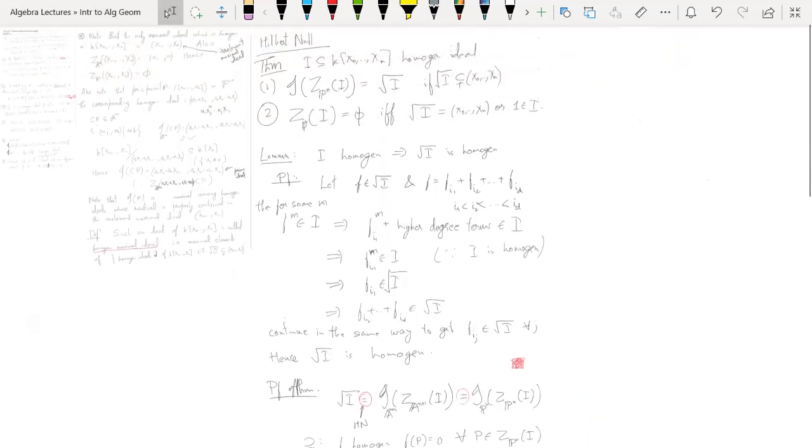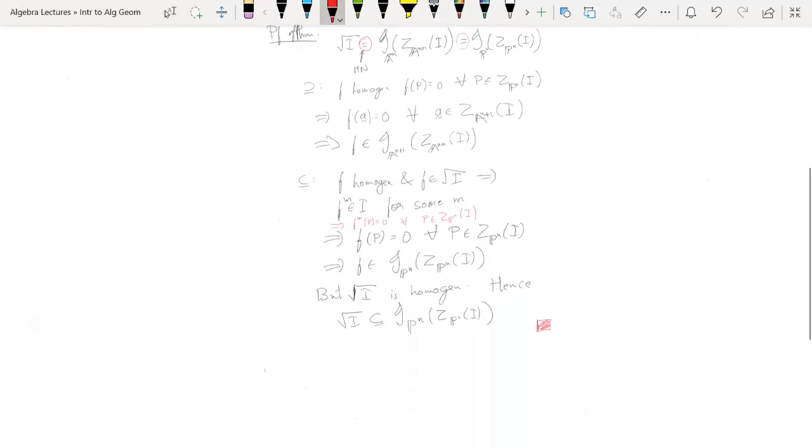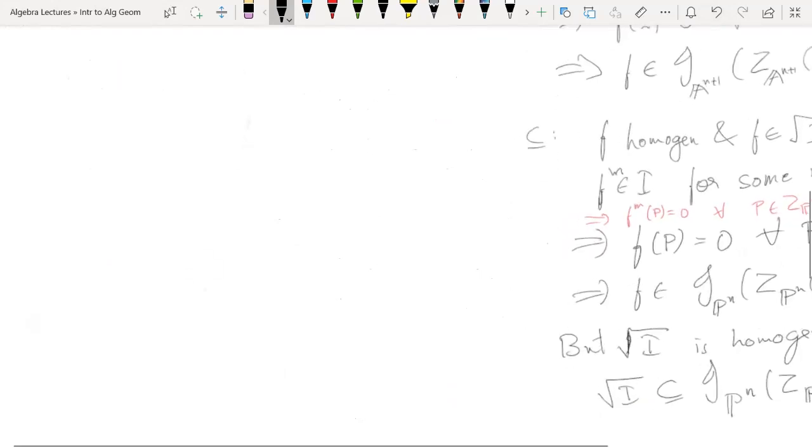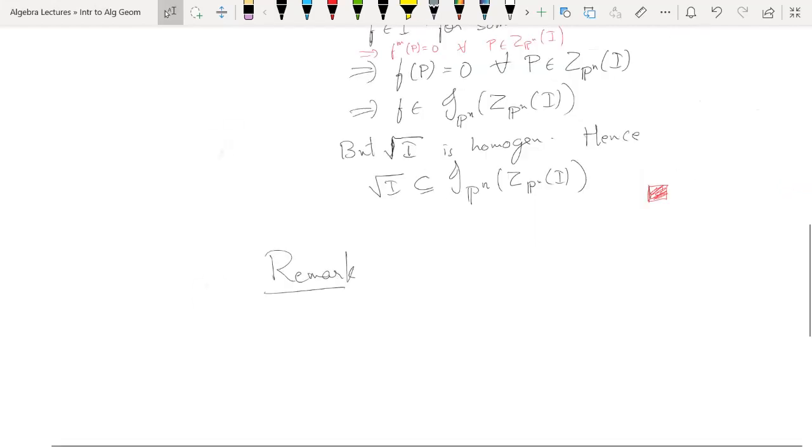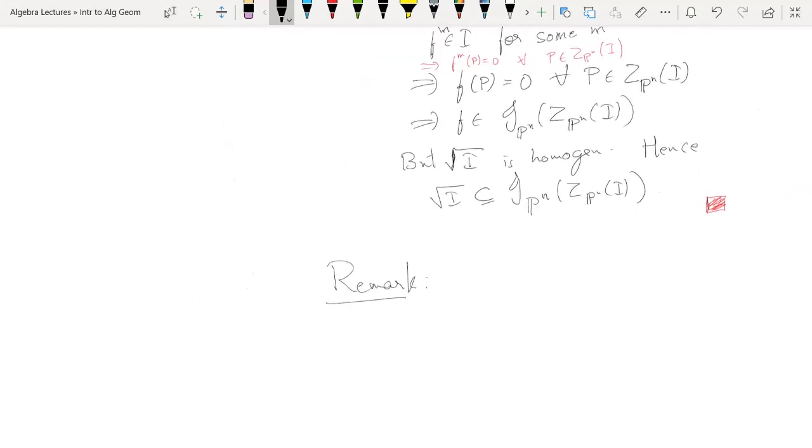So maybe I'll make a remark. So the point is, if X is in P^n, then C(X), its cone in E^(n+1), is some algebraic subset.